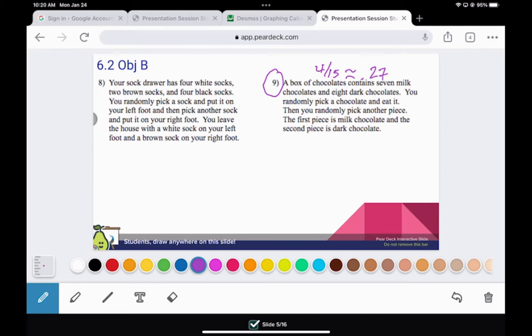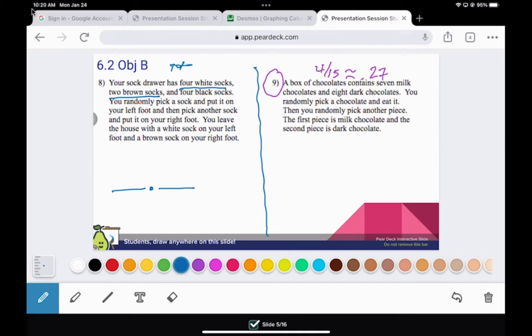Okay. So for those who asked for more examples, I'm going to do number 8. The rest of you, if you are ready and good to go, then just go ahead and do number 9, okay? So this one, we know there's 2 events. I'm doing number 8, which says that your sock drawer has 4 white socks and 2 brown.